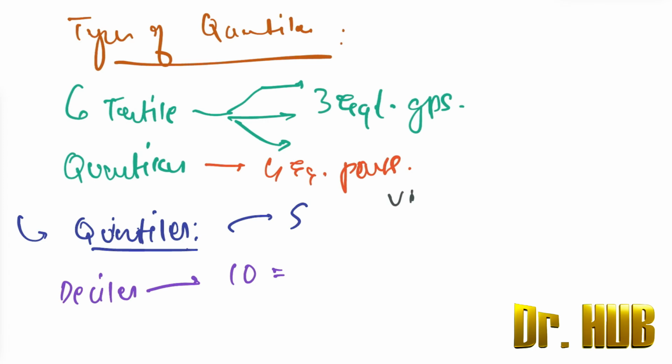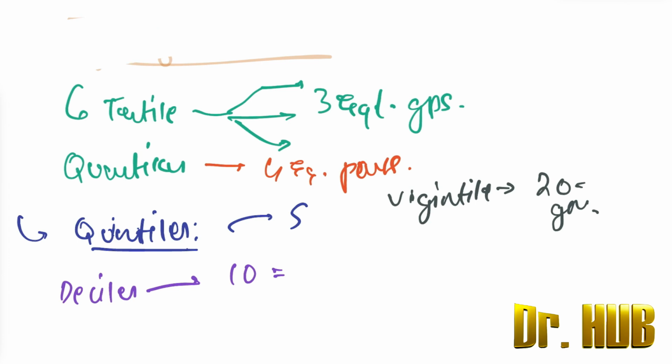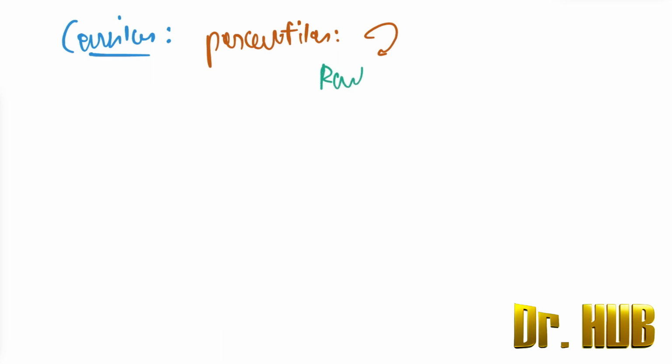Then there are the vigintiles, which divide it into 20 equal groups. Then come the centiles, also called the percentiles, which are commonly used especially for ranking marks in exams. They divide the distribution into 100 equal parts.